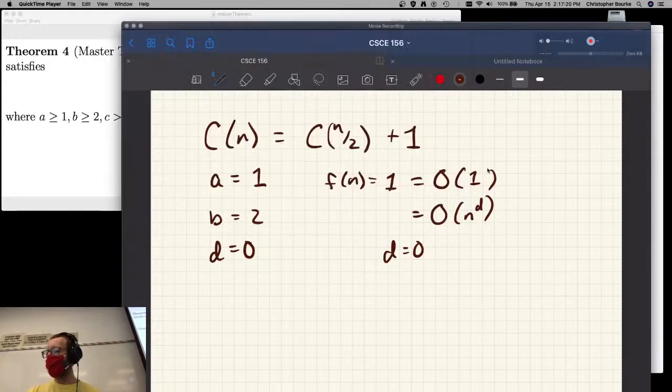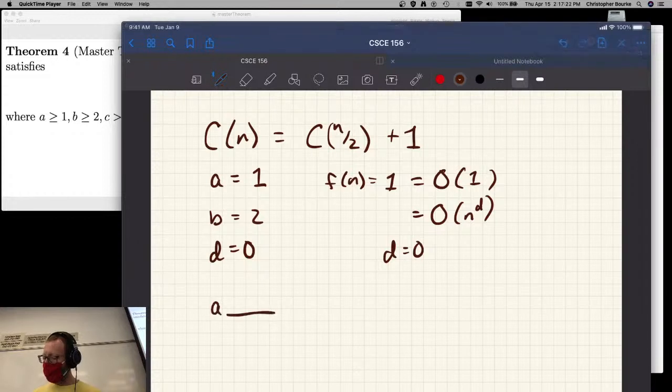So, set up my comparison here: a versus b to the d. Just plug and chug. 1 versus 2 to the 0. Less than, greater than, or equal? Equal.